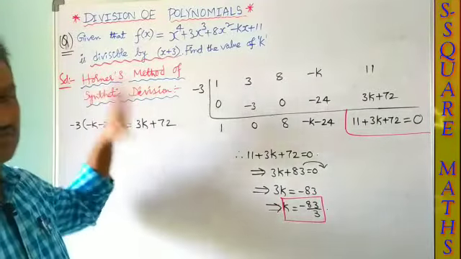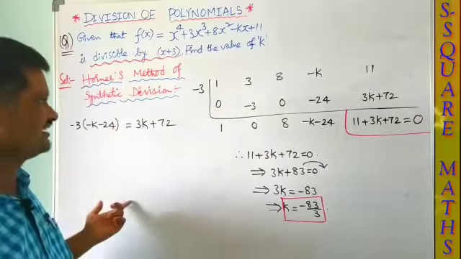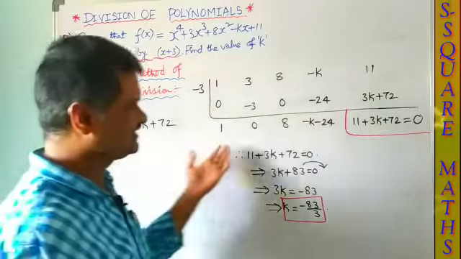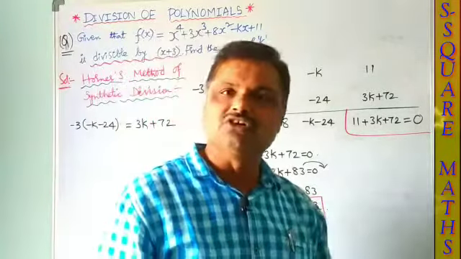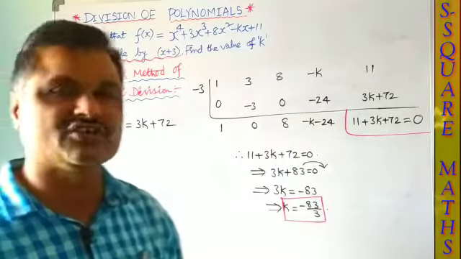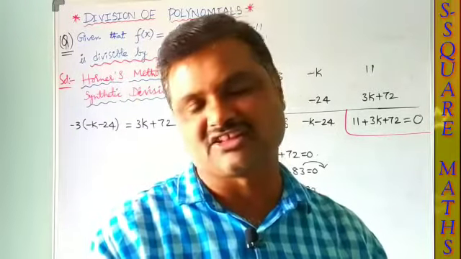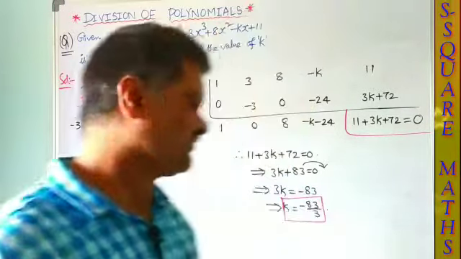So for 8th and 9th students, this is very new for you, even for 10th students, Horner's method of synthetic division. I hope this is a method which is very easy for the division of polynomials. In previous classes we went through division of polynomials to find out the various factors for the given dividend f of x.